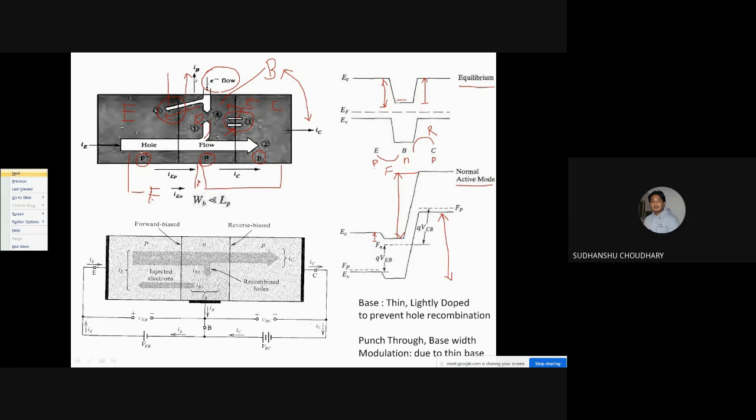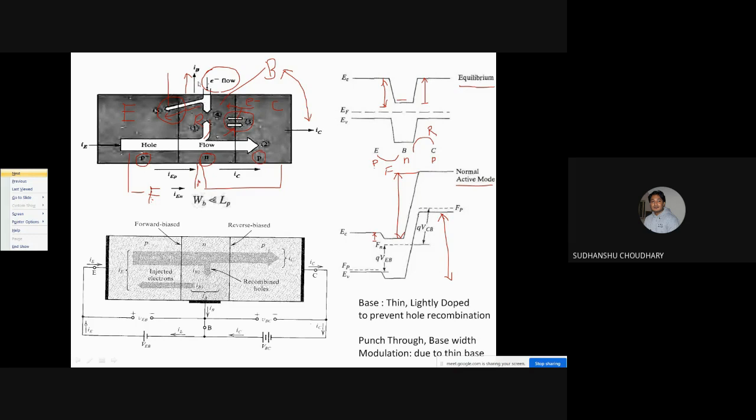Some small reduction is there because of this. Since the collector base junction is reverse biased, some minority carriers, that is electrons in the collector region, will move into the base, and because of this the base current will reduce.